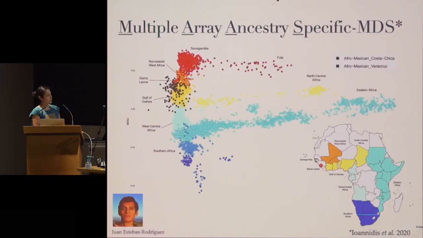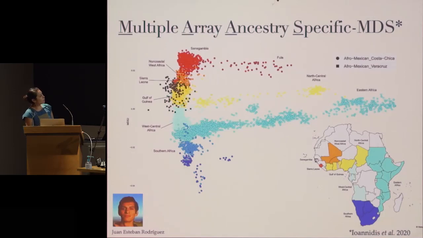And we leveraged this method developed by Alex Ioannidis called multiple array ancestry-specific MDS, and you can check the publication for more details, but basically you can use multiple arrays and get an estimate of the distances between individuals, combining information from different intersected sets of your dataset and reference panels.